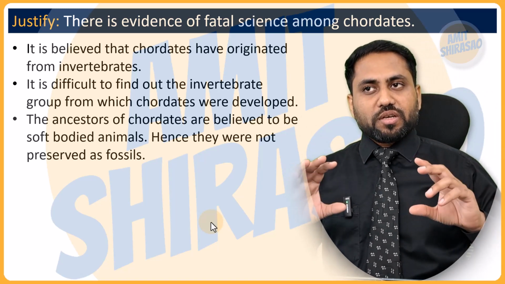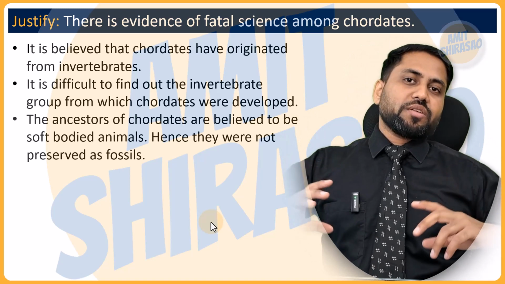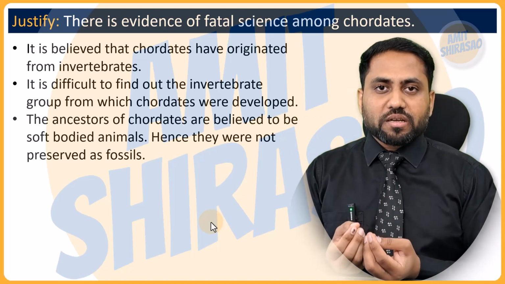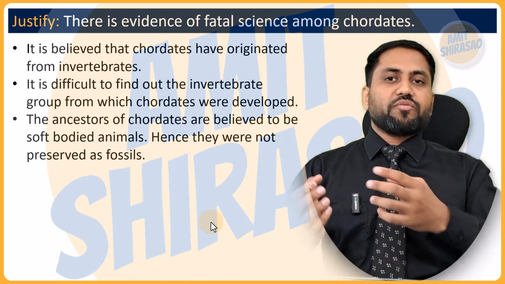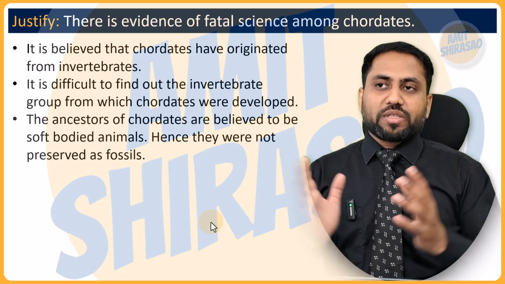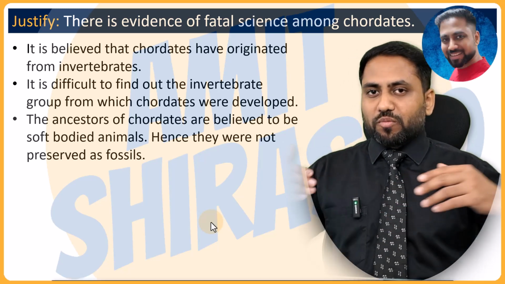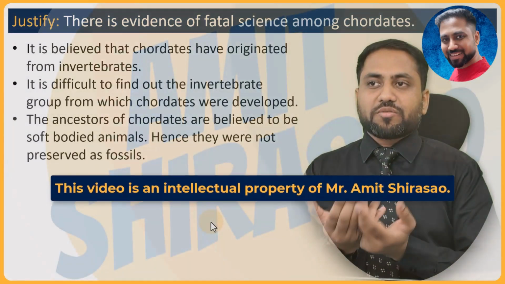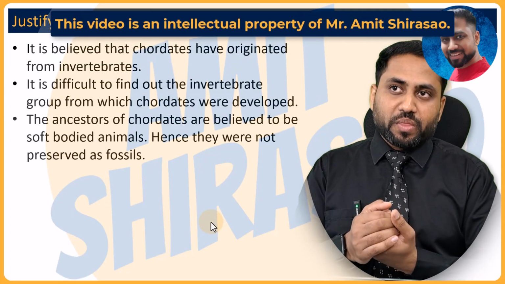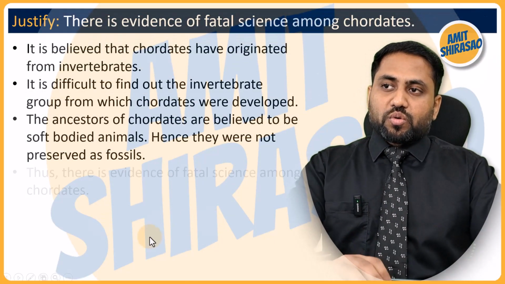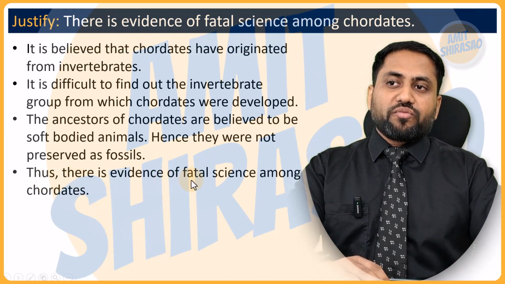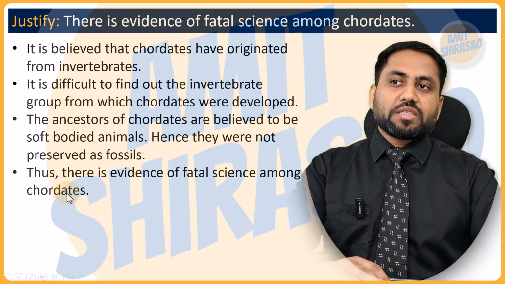So if that vertebrae itself were not there, even if bones might be there, they could not function and they could not move. Or probably they didn't have bones itself, and that's why their fossils could never be found. Thus, the evidence of fatal signs among chordates.